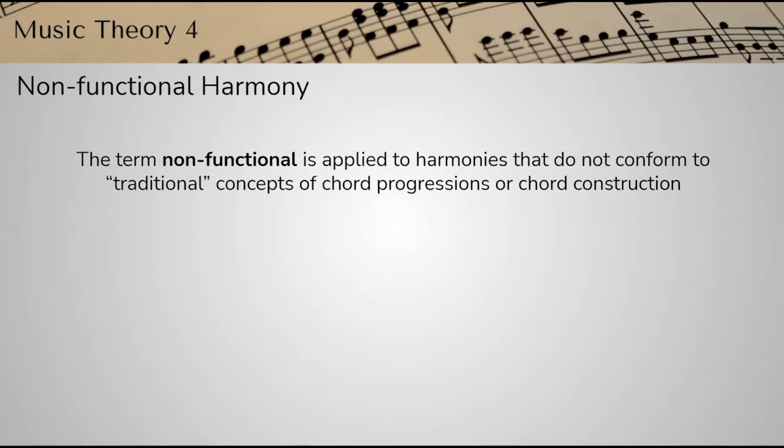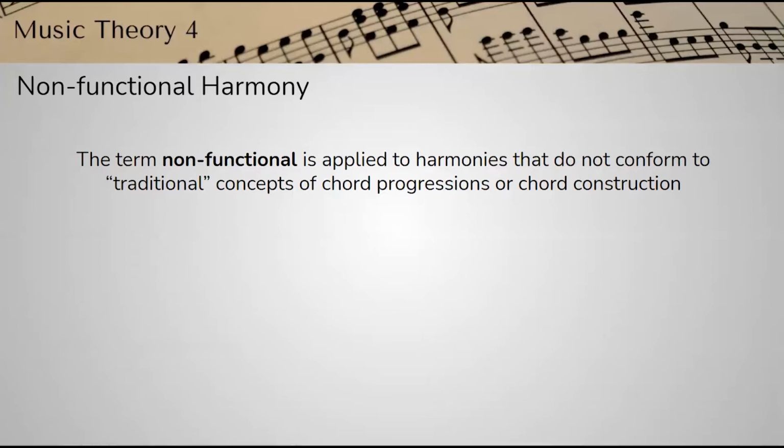We think of functional harmony as being the underlying fabric of a chord progression where things center around a tonic and move to a subdominant chord maybe, eventually leading us to a dominant, which pushes us back to a tonic chord. Each chord in the scale has a function, a role to play. And the most important one is the tonic, because everything leads back to that chord. In non-functional harmony, that doesn't really exist.